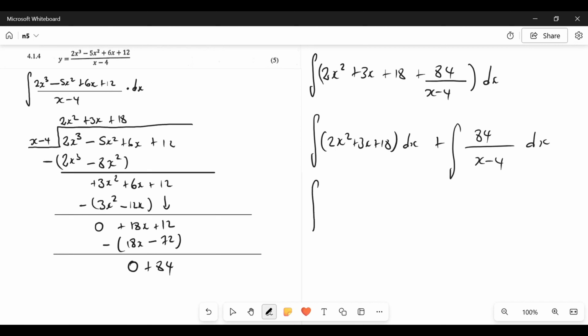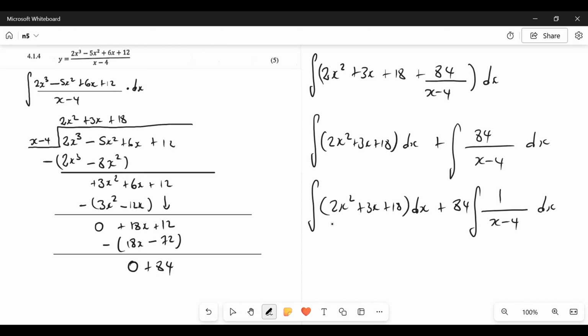We can say the integral of 2x squared plus 3x plus 18 dx. Now we can take out this 84. Let's say 84 and the integral of 1 over x minus 4 dx. Then from here we can start integrating.